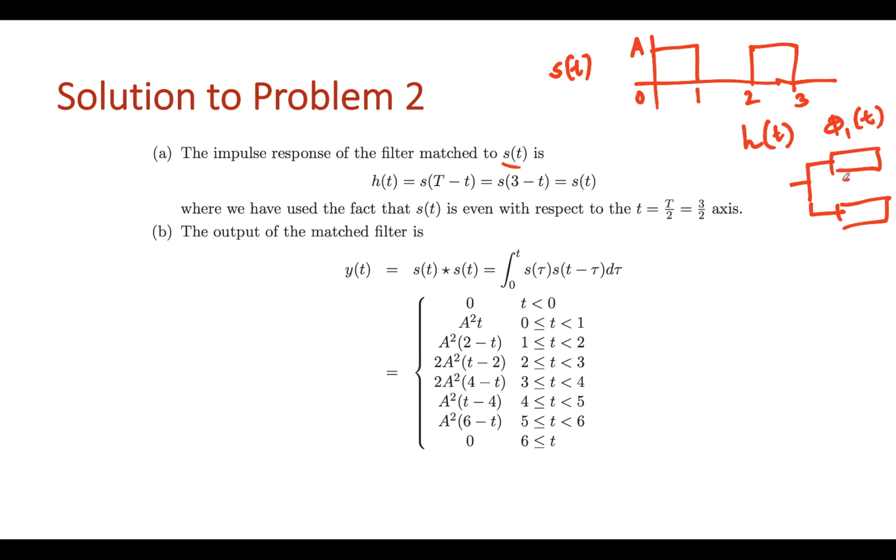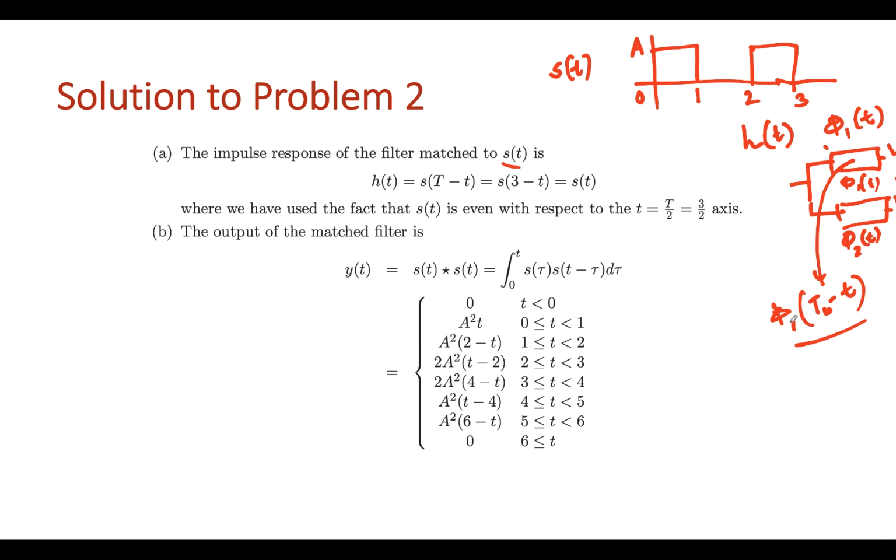One was matched to phi 1t and the other was matched to phi 2t, and then you are sampling them, and then the output goes to the input of the decision device. So what was the matched filter that was matched to phi 1t? That was basically phi 1 of TB minus t, right? So that was the theory that we went through.